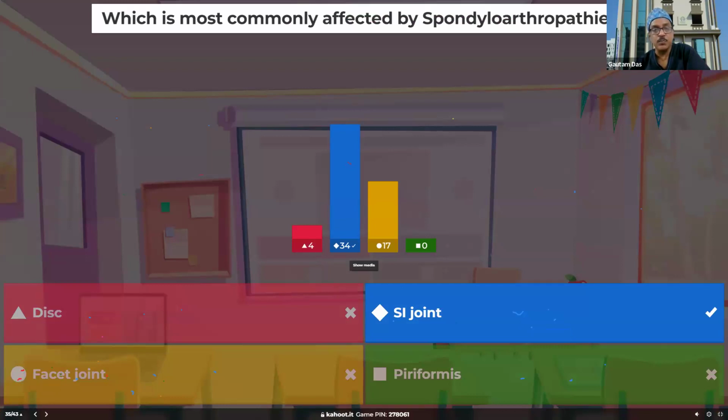The sacroiliac joint is most commonly involved. Next common is the facet joint. As I mentioned, sacroiliac joint pain in the younger population is most commonly because of spondyloarthropathies.